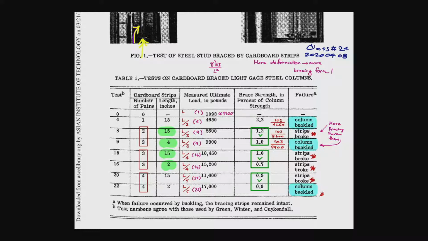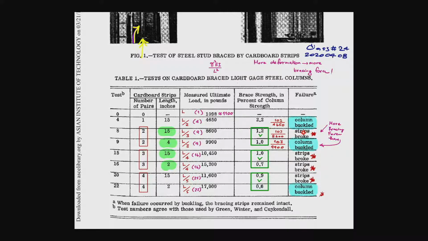So we learn from here. We also see that for some cases like this, the strip broke, and this means the force required in this scenario is more than in the next scenario, which is able to mobilize the maximum capacity of the column such that the column buckles. But in the case above here, the stiffness you provided for the brace is not as much as in the counterpart case.